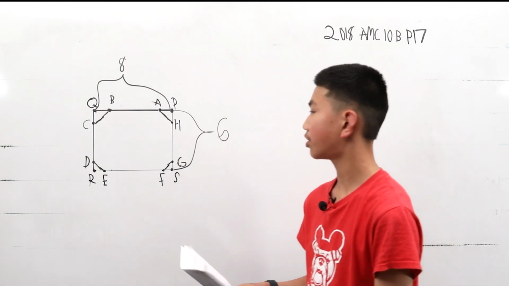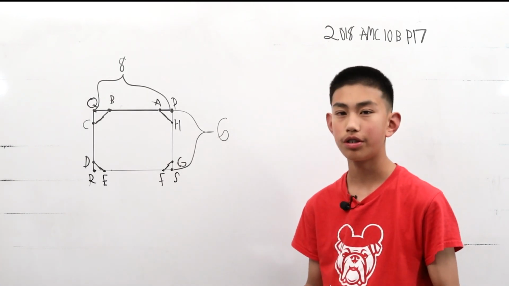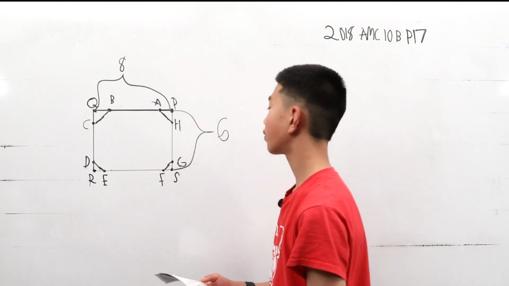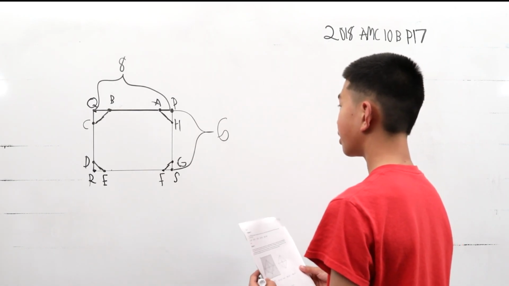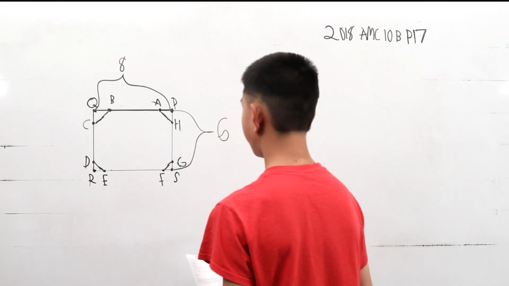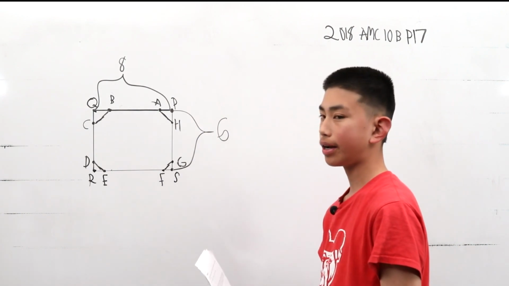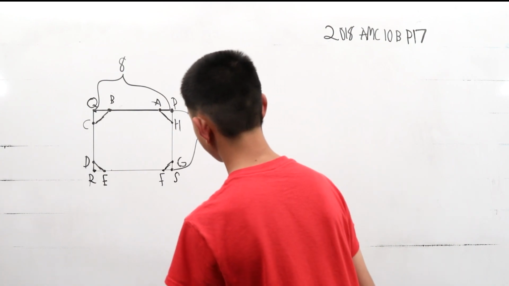So we have this hexagon inscribed in a rectangle, and what we can do here is set a side length to be a variable, because we don't know any other side length here. They could be anything that's less than 4.